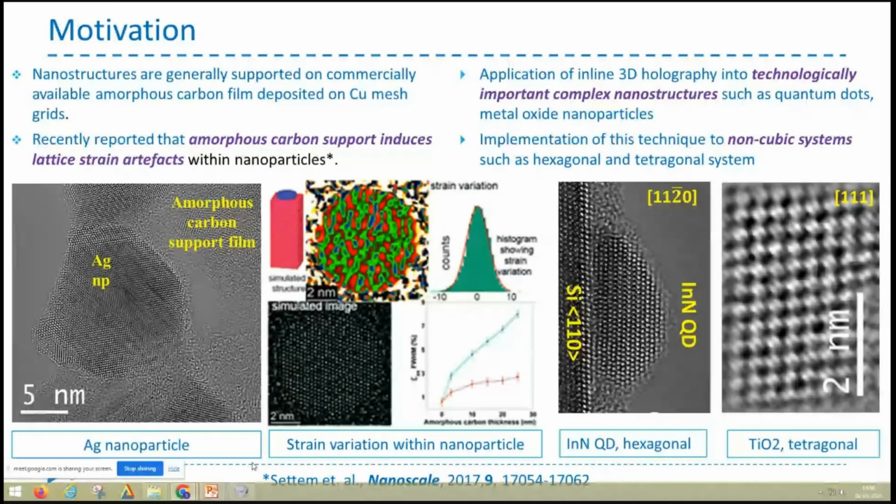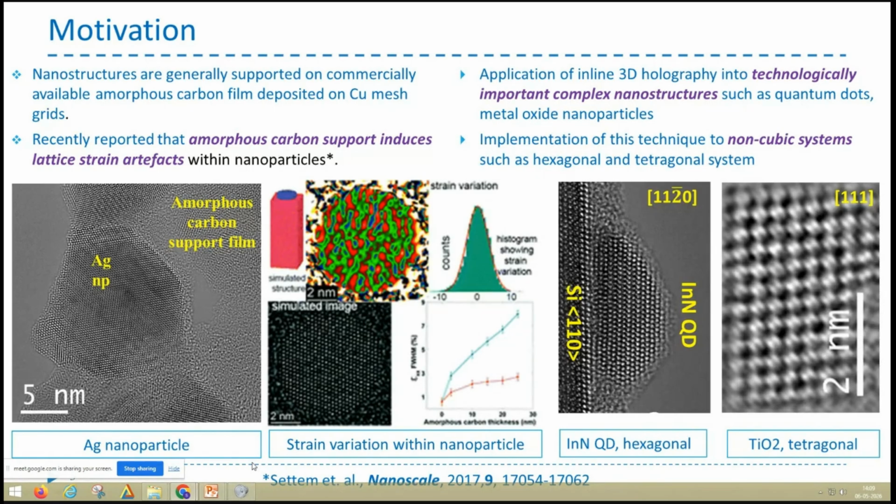We tried it for non-cubic systems, the hexagonal and tetragonal systems. And for technologically important complex nanostructures like quantum dots and metal oxide nanoparticles, we wanted to see how we can get the 3D structure from a one-dimensional projection. You are seeing the material from one direction. So that is the method.